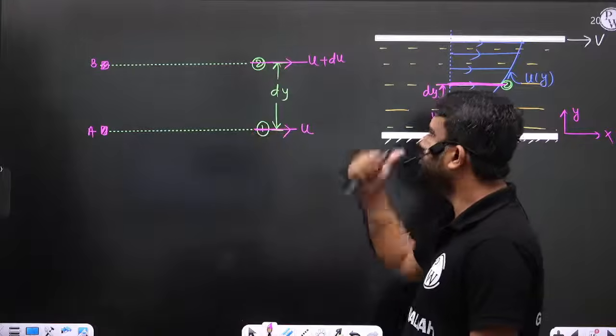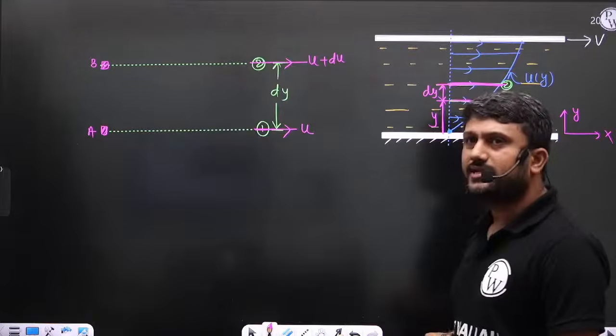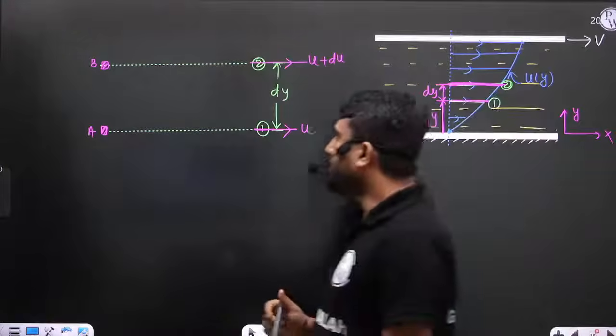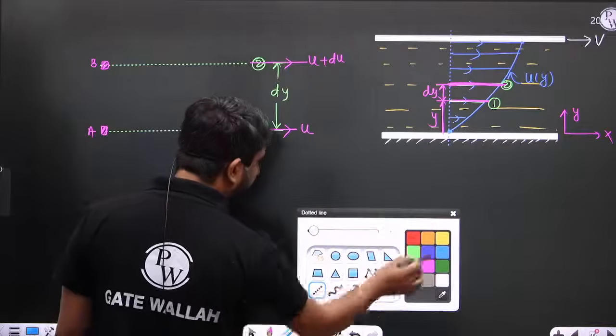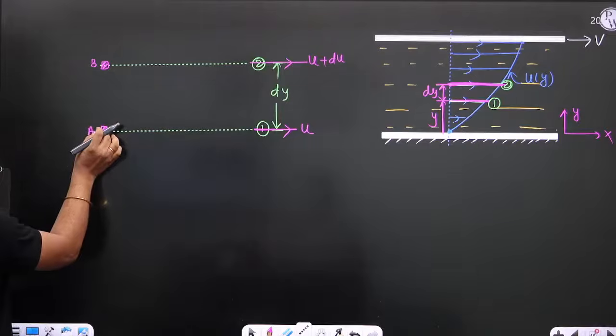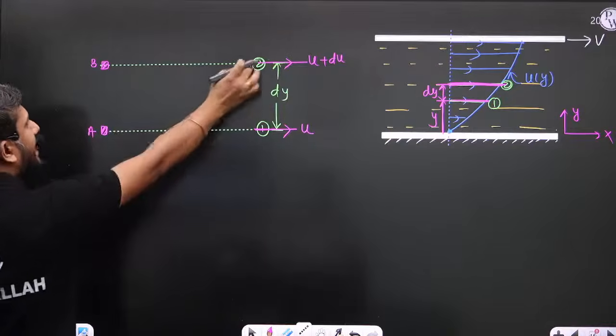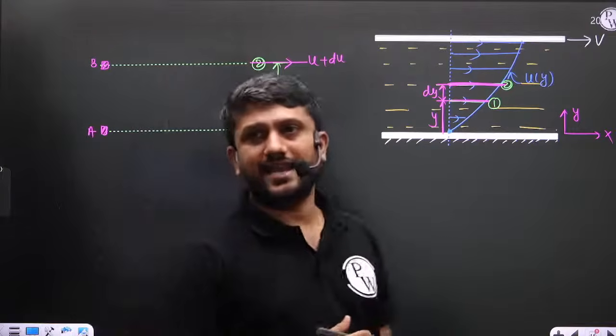Layer number 1 is moving with velocity u and layer number 2 is moving with velocity u plus du. At a particular time, in layer number 1 let us consider fluid particle A, and at the same time another fluid particle B in layer number 2.